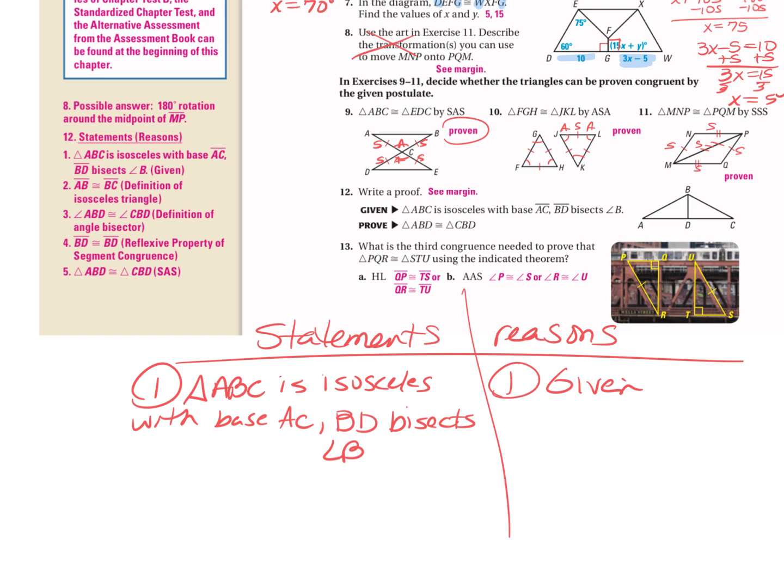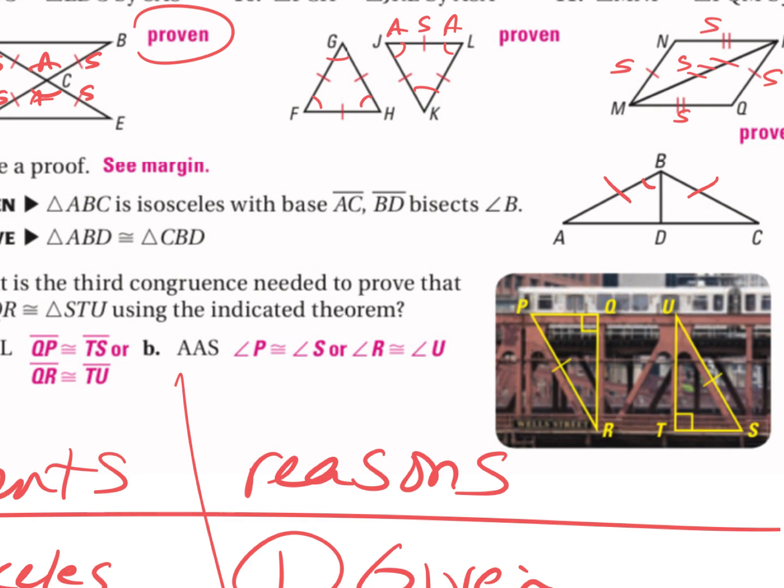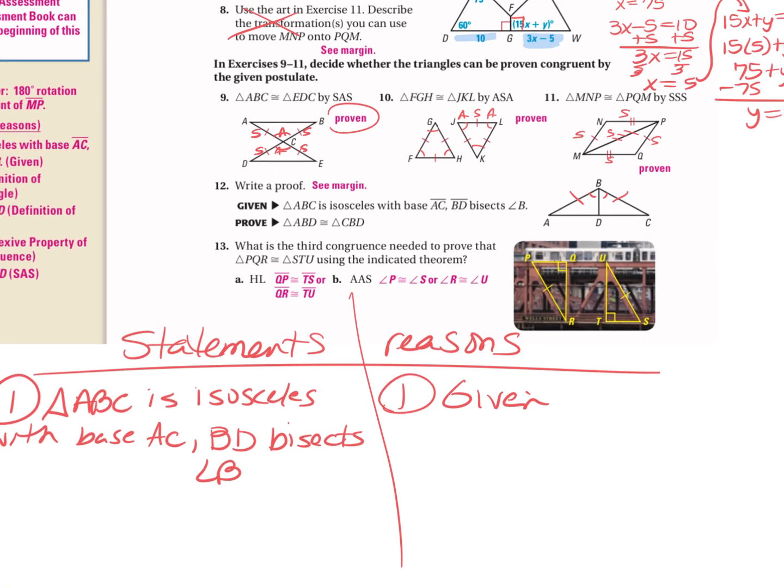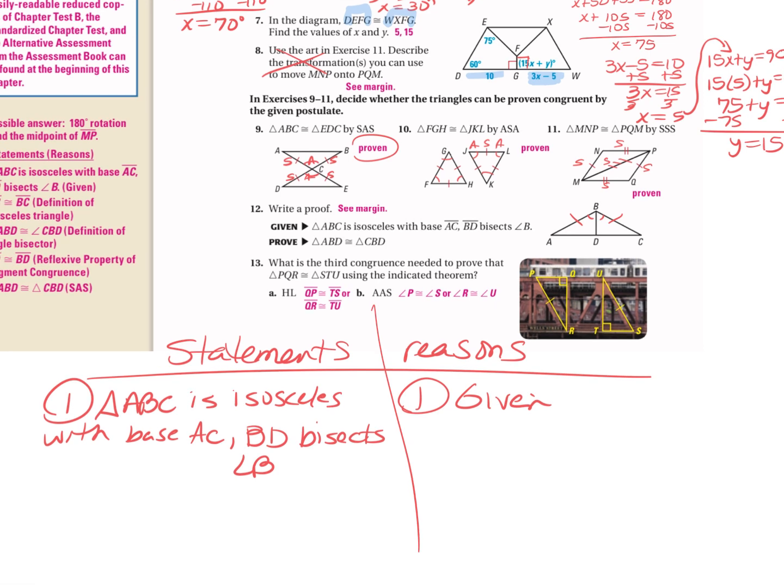So let me go ahead and label the picture here. So these are congruent, and because it says this is the base. So then it also says that BD is bisecting this angle up here. So this would make these two angles congruent. So it wants me to prove that this little triangle here, ABD, is congruent to CBD.